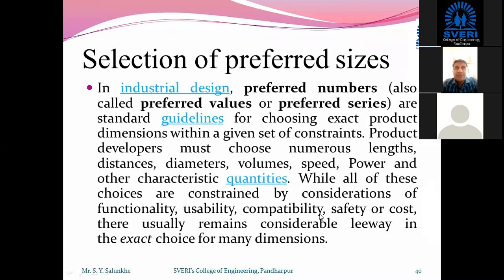Last lecture we were talking about preferred series or preferred sizes. What we have talked about is that this saves the designer's time and gives some standardization in design, or in dimensions we can call it.